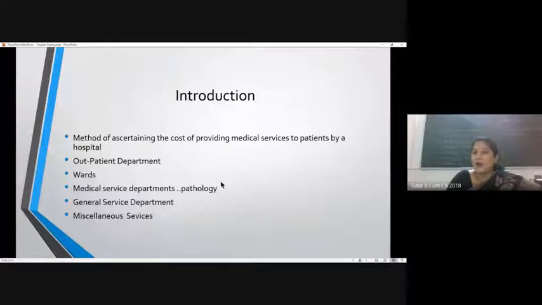Normally these can be part of both inpatients or outpatients as suggested by the concerned doctors, and there are other services which are mainly for facilitating a better medical service to the patients. Mostly it is to the inpatients, those who are staying in the hospital, maybe in a ward or in rooms, right? So this is the context in which we would be discussing hospital expenses.